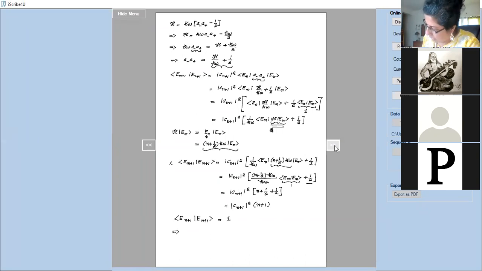It implies that mod Cn plus 1 whole square into n plus 1 must be equal to 1, which implies that Cn plus 1 must be equal to 1 upon n plus 1, the entire thing to the power of half. So in other words, it's equal to n plus 1 to the power of minus half.